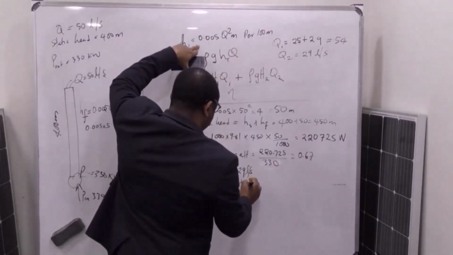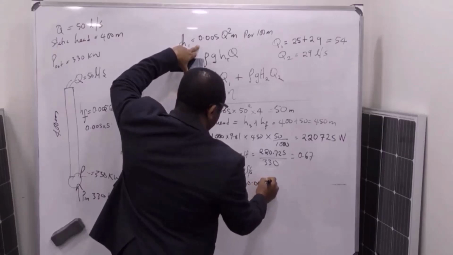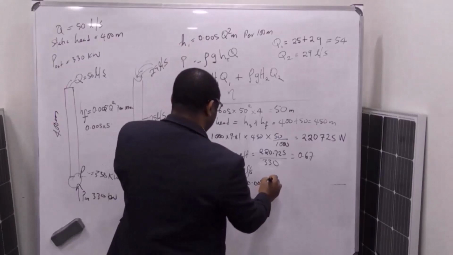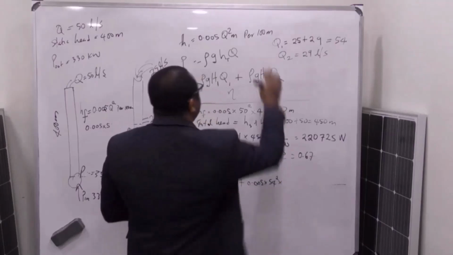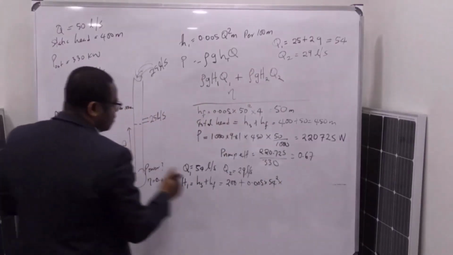So we'll have 0.005 by Q1 squared, 54 squared, and it's per 100, and this is 200, which is twice, times 2.